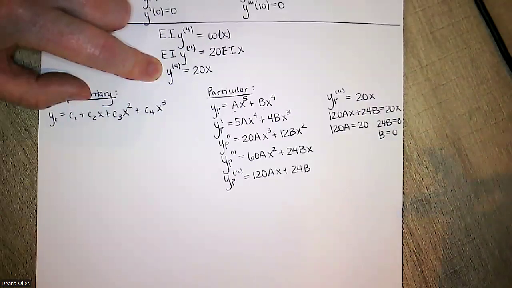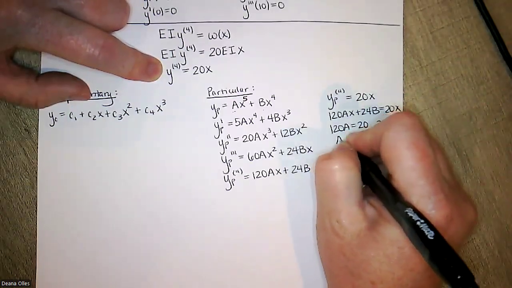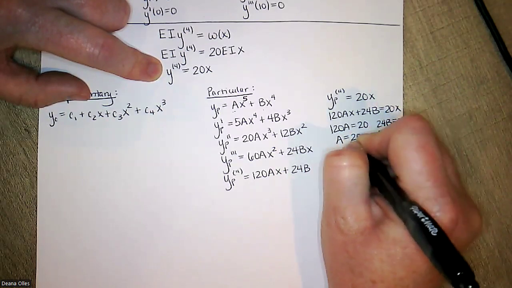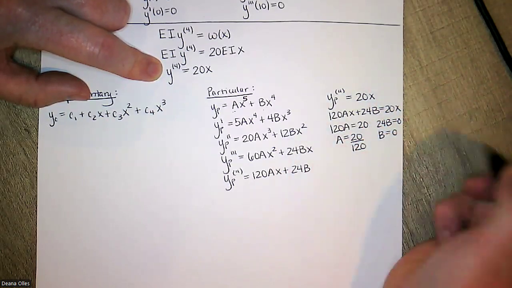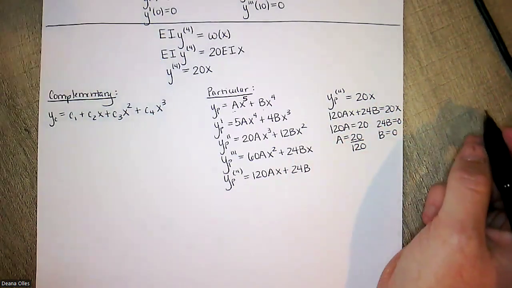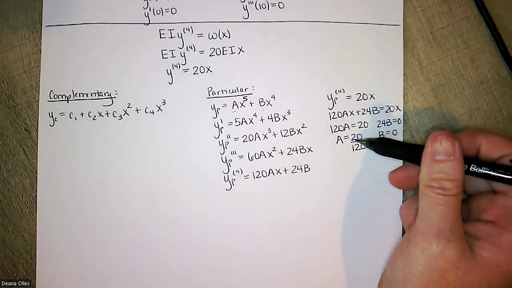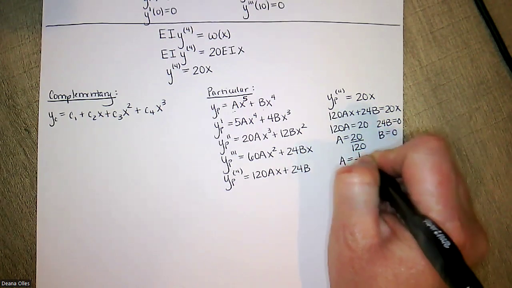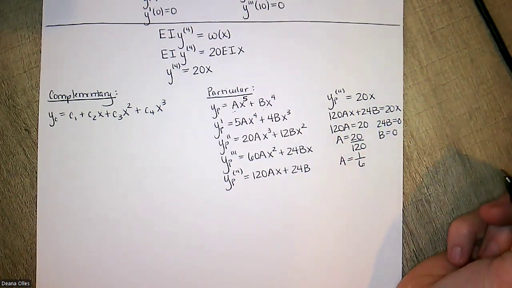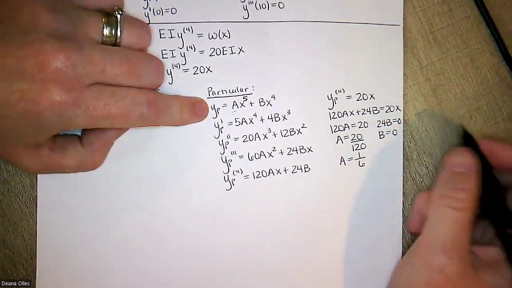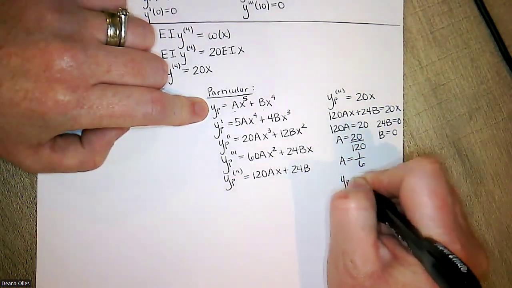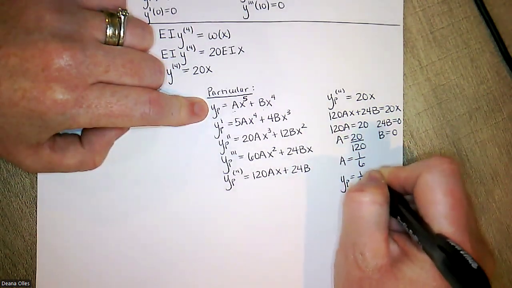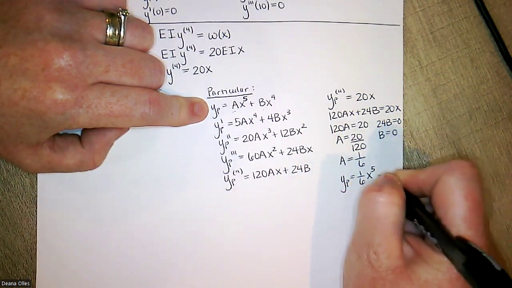It's always nice when something zeroes out. A is going to be 20 over 120. Okay. And so 20 over 120 reduces to 1/6. So your yp is going to be 1/6 x to the fifth plus 0.